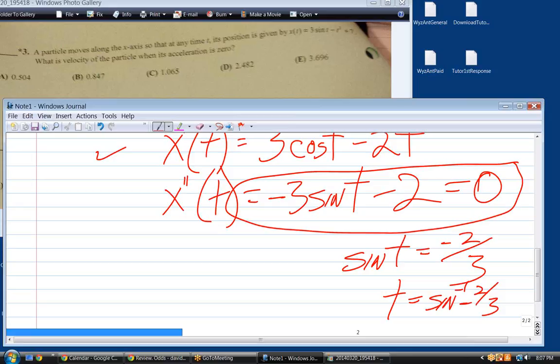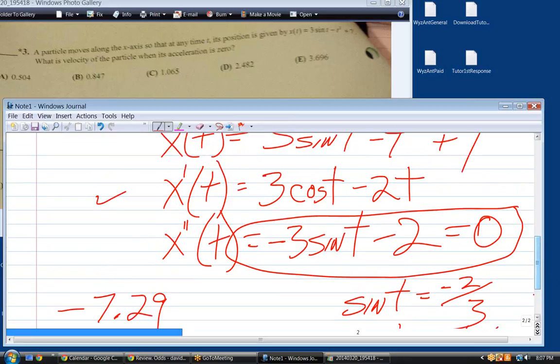Let's put a number on that. Negative 0.729. Okay. Now let's plug that into the first derivative function and come up with an answer.